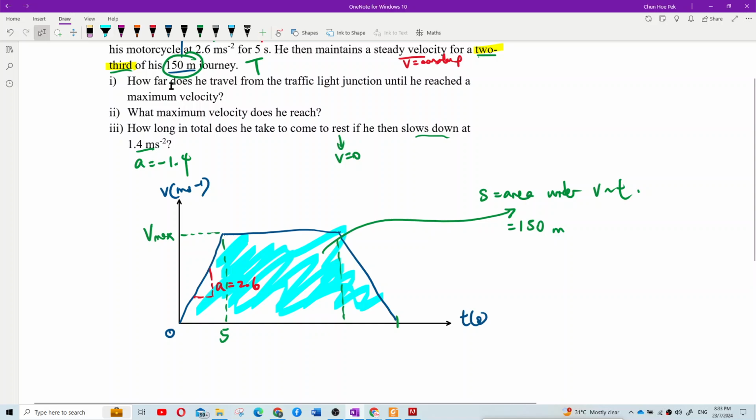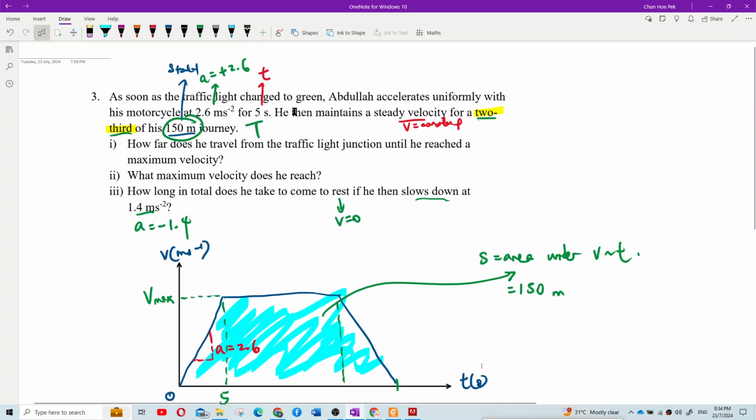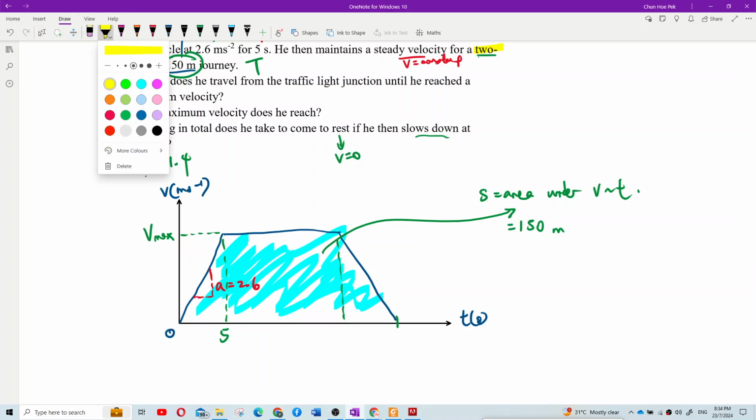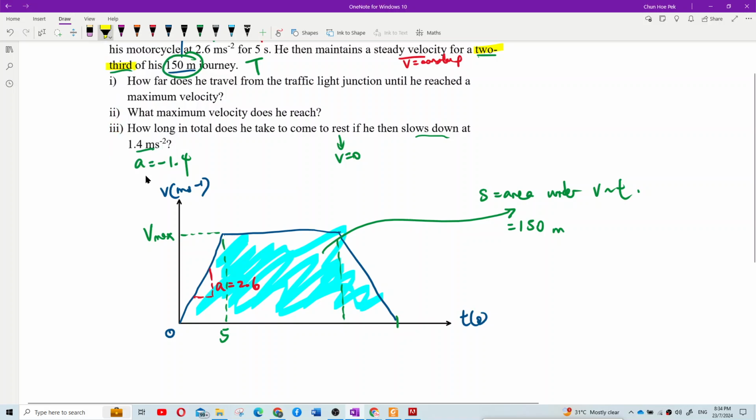Okay. How far does it travel until he reaches a maximum velocity? For question number 1, the traffic light changes to green. So how far does it travel until it reaches a maximum velocity? That means the first part is the, very noisy.